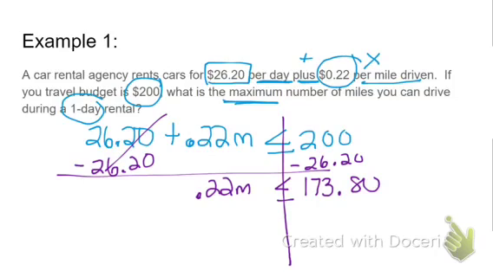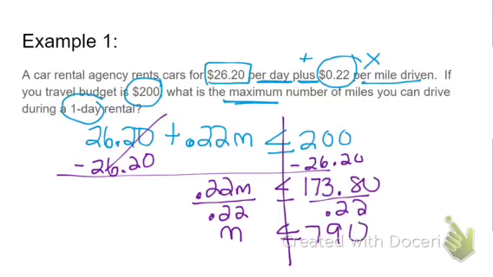Okay, last thing we need to do is to divide both sides by 0.22, by 22 cents, and we see that the maximum amount that we can drive, the maximum amount of miles, but it can include it, is 790 miles. Okay?